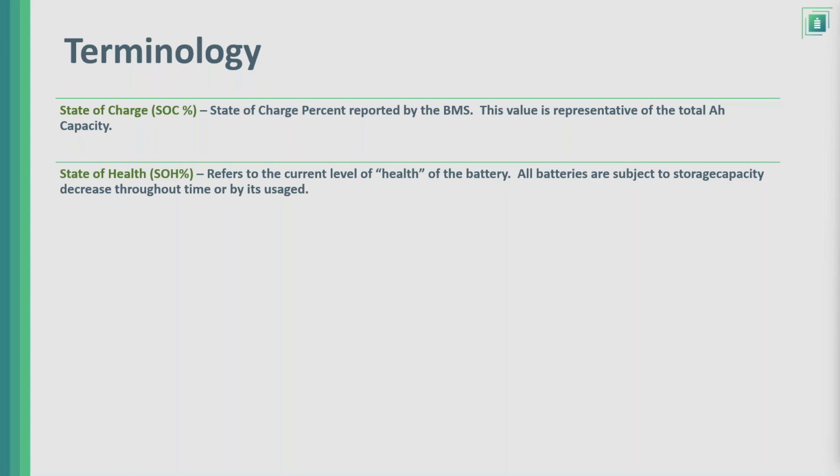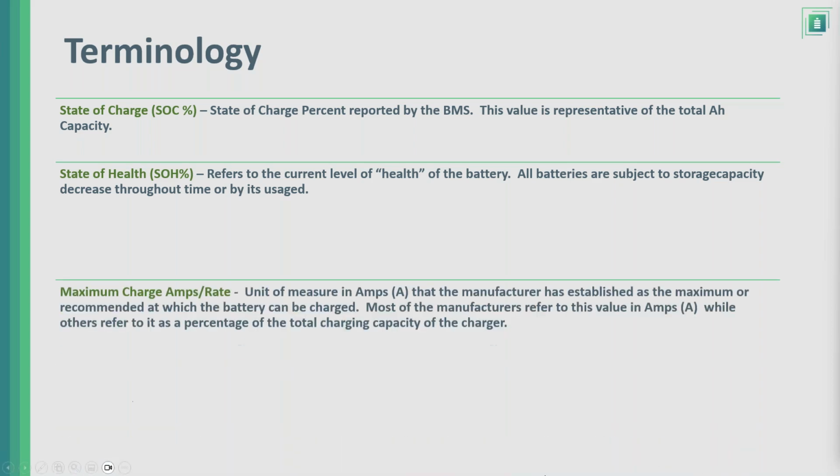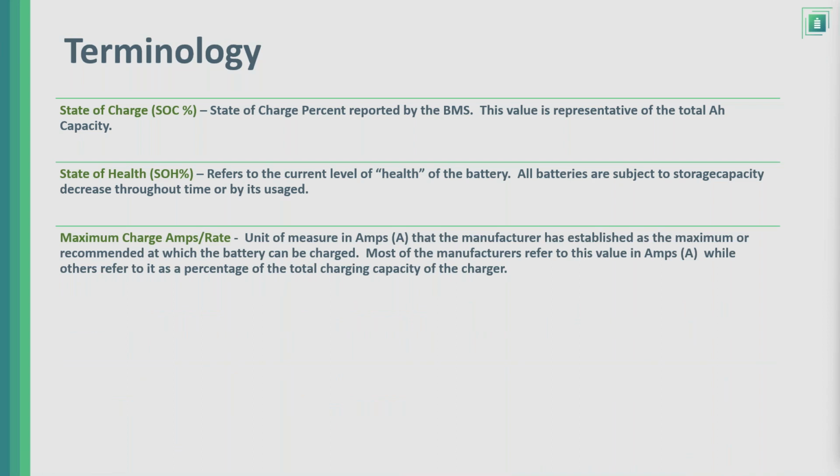Next we have maximum charge amps and rate. This is the unit of measure of the amount of energy that is being sent to the battery for charging purposes. Most of the batteries, if not all, are very sensitive to the amount of energy being sent.